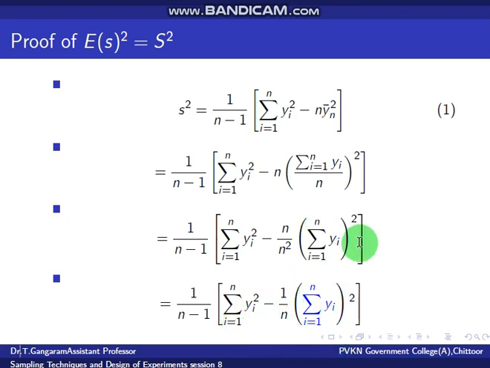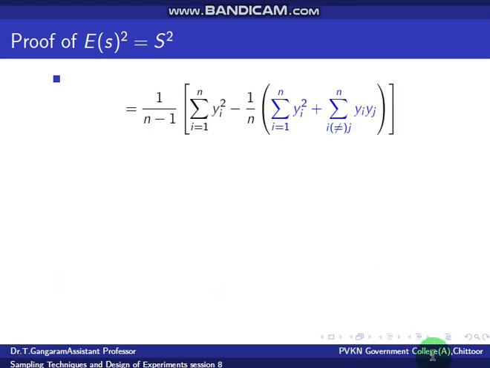Consider this term, summation i is equal to 1 to n yi whole square. This we can write as summation i is equal to 1 to n yi square plus summation i not equal to j, yi yj.